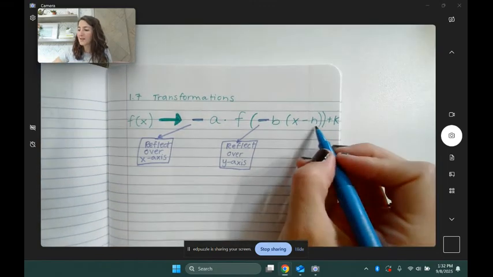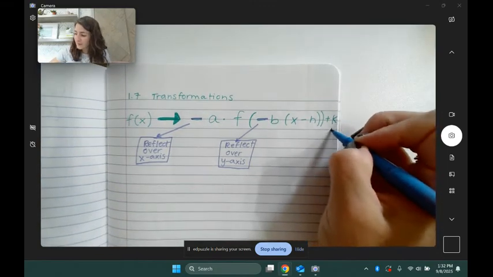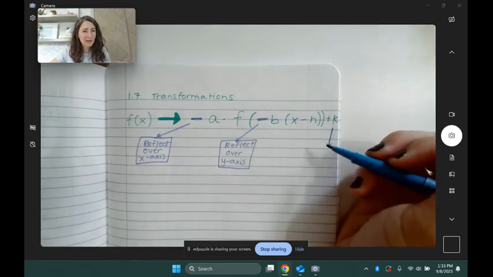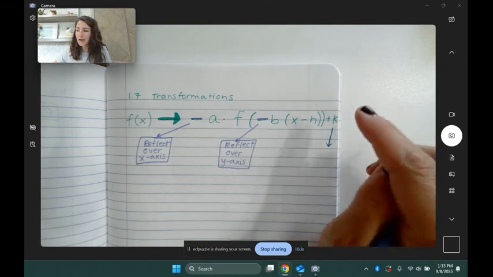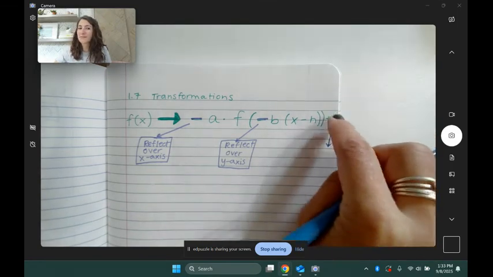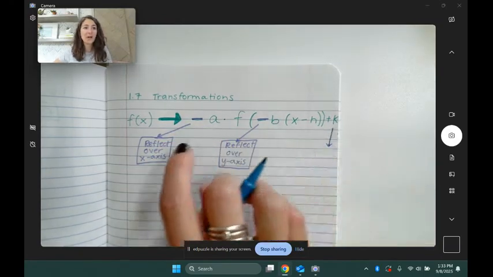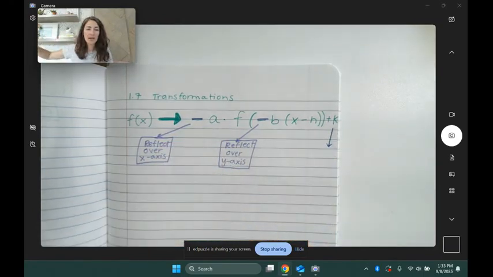Okay, then the h and the k. So if I've got this plus k, usually it's at the very end. Sometimes with trigonometric functions, I don't know why, I've seen this at the very beginning of the function too, like 2 plus something. Same idea.